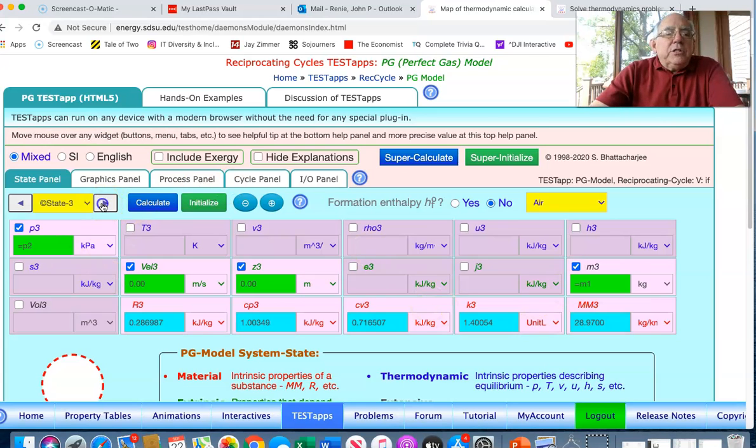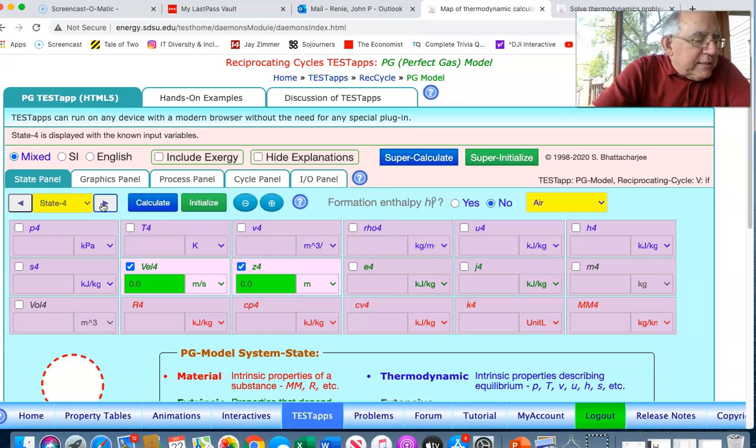We'll then go to state 4. What we know about state 4 is that between 3 and 4, we have a constant volume heat rejection, down to 110 kPa.